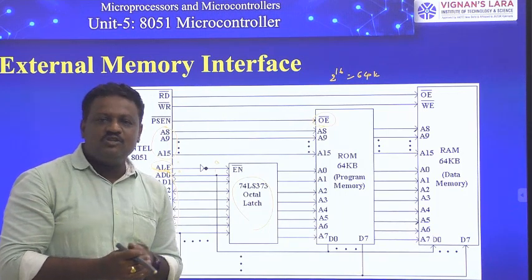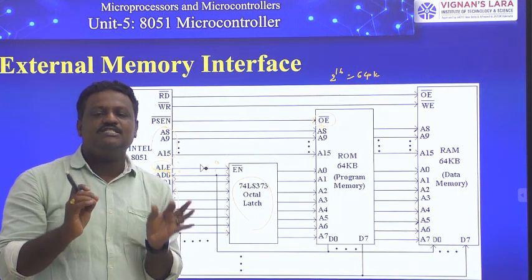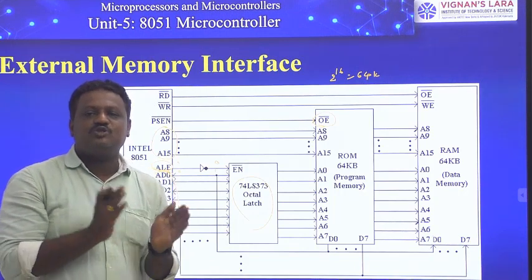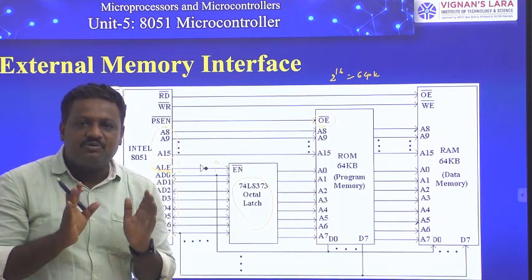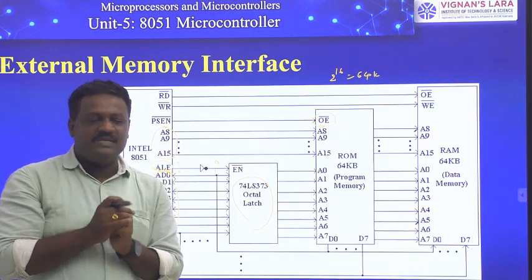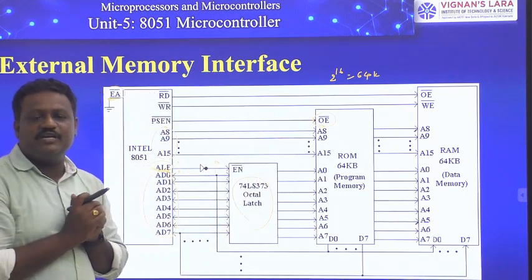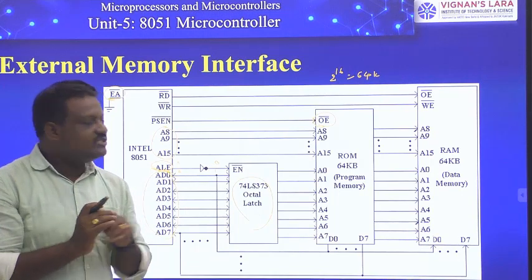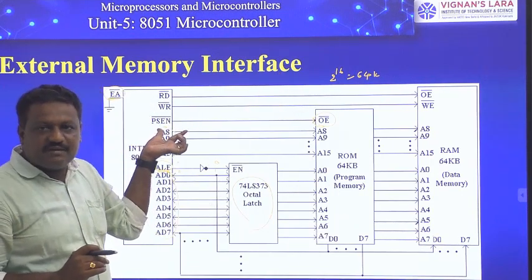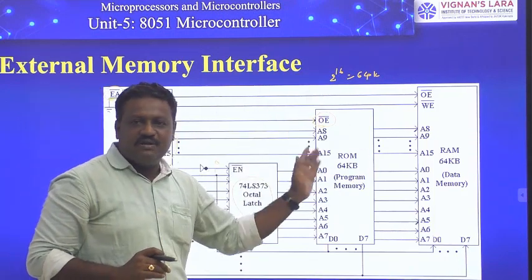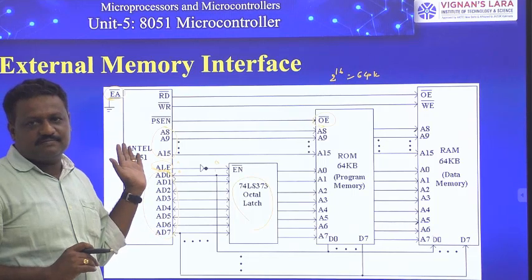We know from the pin configuration concept that the PSEN bar signal, that is program store enable or program strobe enable signal, acts as the enable signal for external program memory or ROM. See here, friends, that's why PSEN bar is directly connected to OE bar. If I want to read something from this, at that time I activate this PSEN bar, then it will accept an address and send data to the controller.